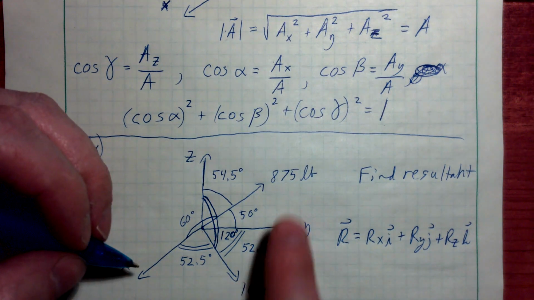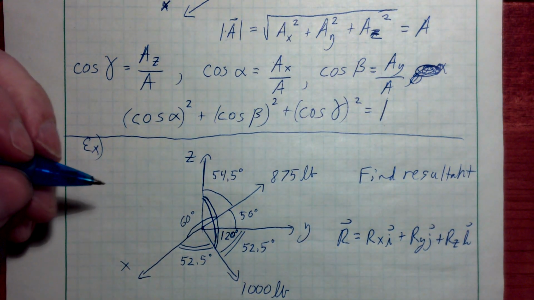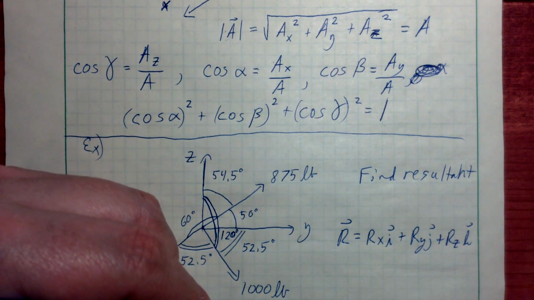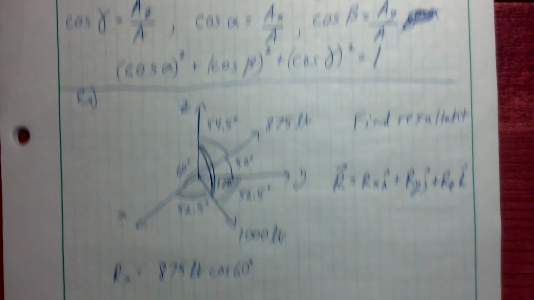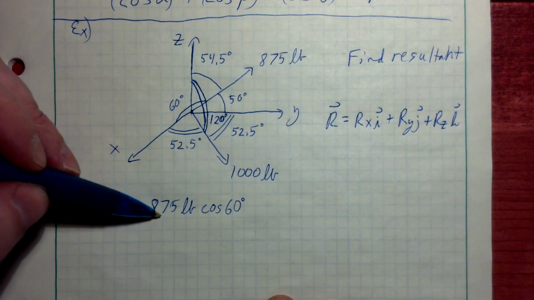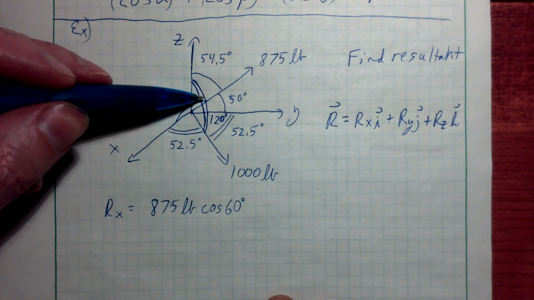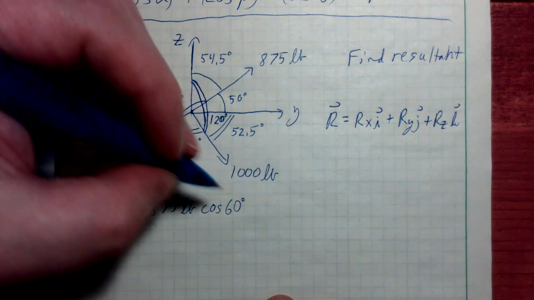So for the 875, if I take the 875 pounds times the cosine of this 60 degrees, that'll give me the x component of this. You can't see that, I'm sorry. 875 pounds, and if I take the cosine of this 60 degree angle, that's going to give me the x component of this 875 pound force.